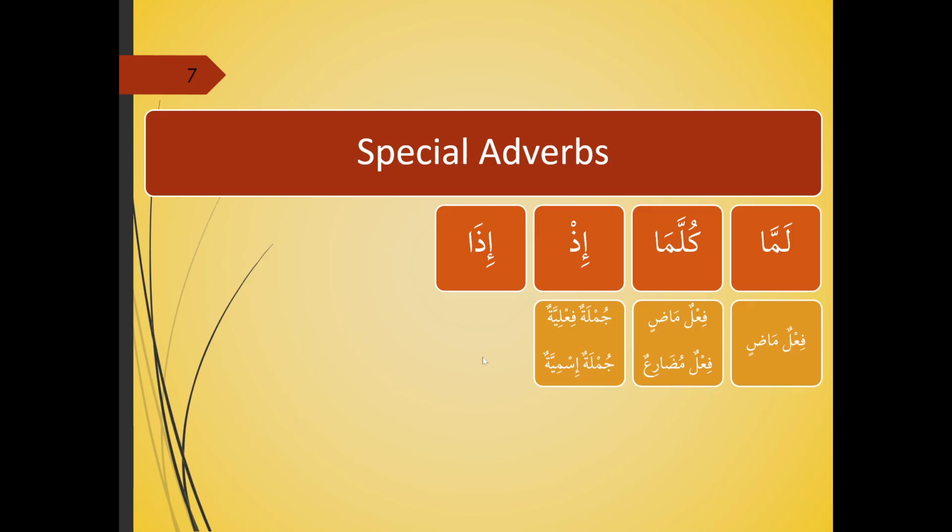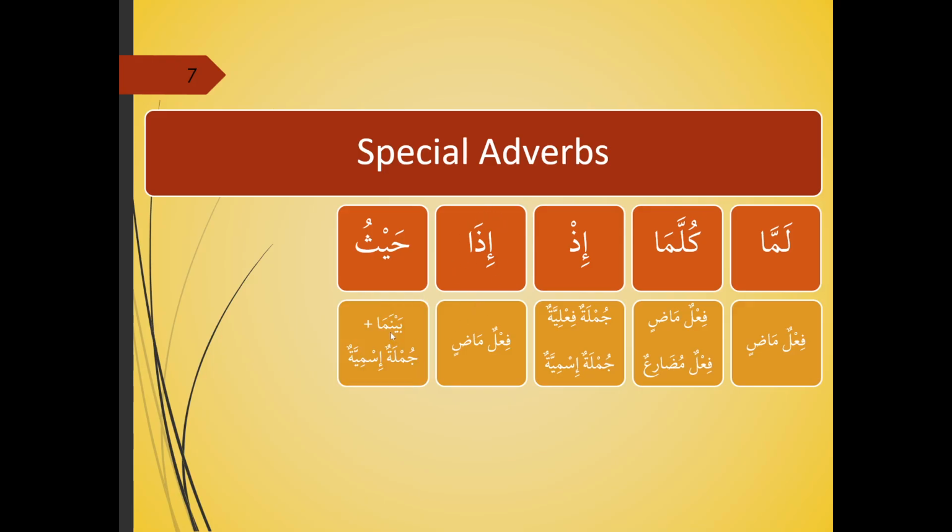Idha will be with fi'l madi, but with the meaning of certain conditions. That means it hasn't happened yet, but you find it in the form of fi'l madi. It can only happen if certain things are present. Then haythu, we need to use baynama with it, plus jumla ismiyah. We don't find this baynama in the Quran, but we do find haythu in the Quran.